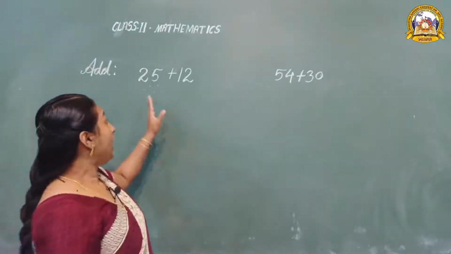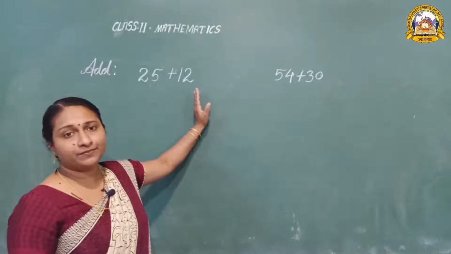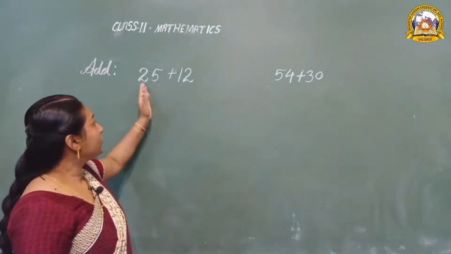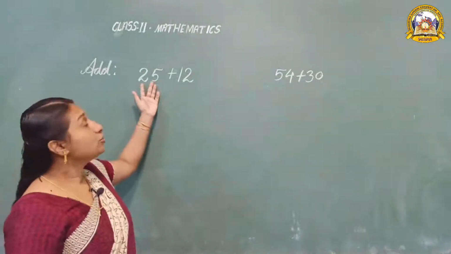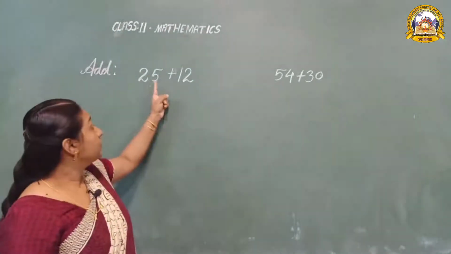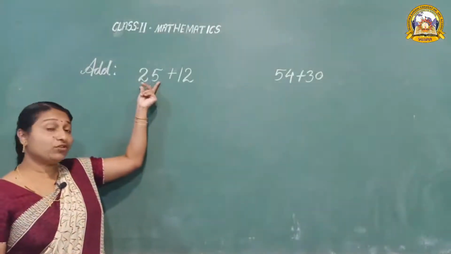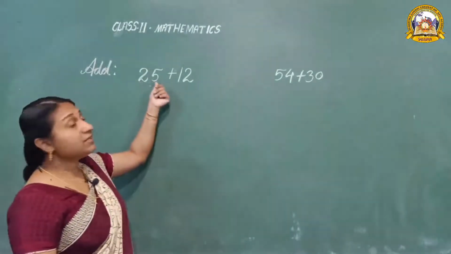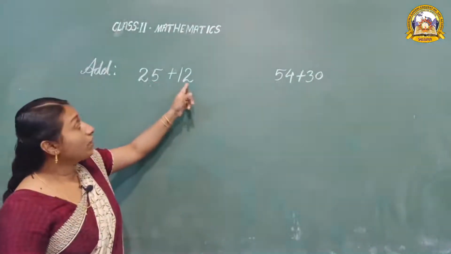We have to add 2-digit numbers here. Children, can you say how many digits are there? 2 digits. Then can you say the expanded form of 25? 20 plus 5, 25. Then 12.